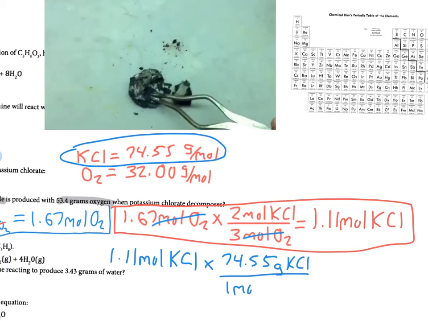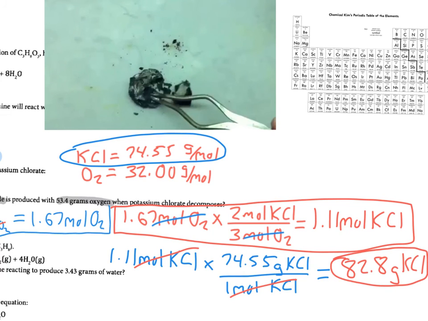This is how I set up the molar mass step, so that my mole unit cancels and I'm left with mass. Here I get an answer of about 82.8, which I'm going to round to 83 grams of KCl. And that's my final answer.